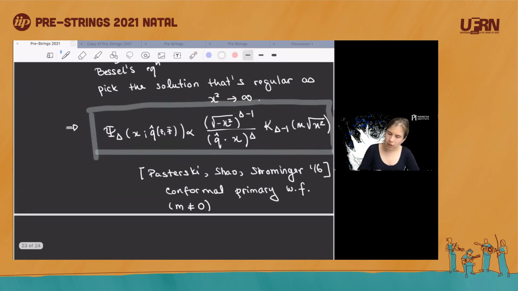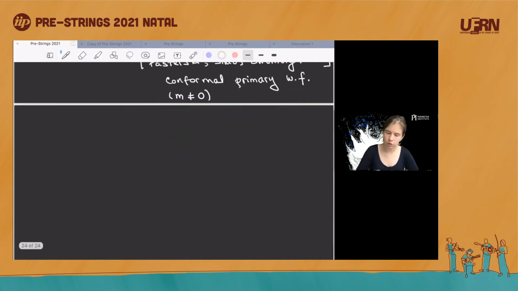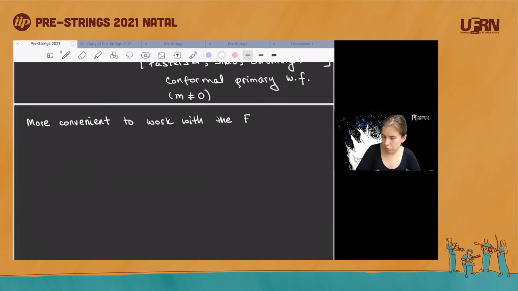So at the end of the day, as I said, we want to recast scattering in this basis, but it turns out to be more convenient to work with the Fourier version of the conformal primary wave functions.